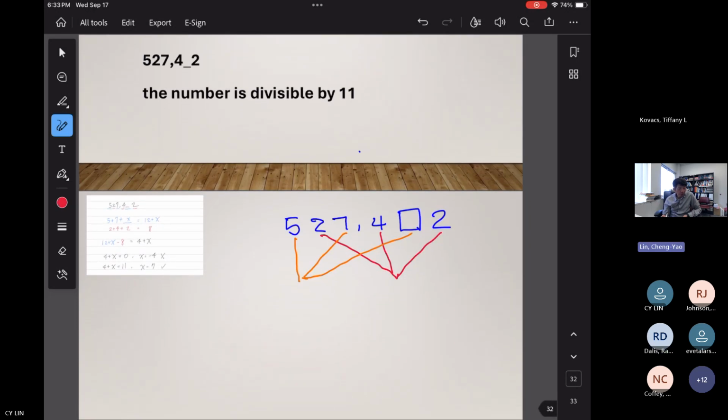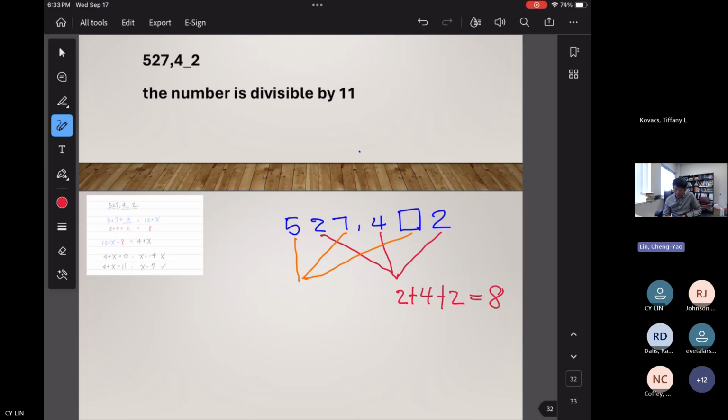You have 2 plus 4 plus 2, which is 8. Did you get 8 for this one? Yes or no? Yes.